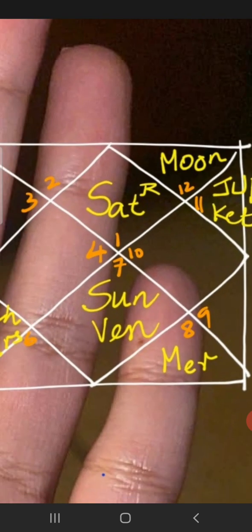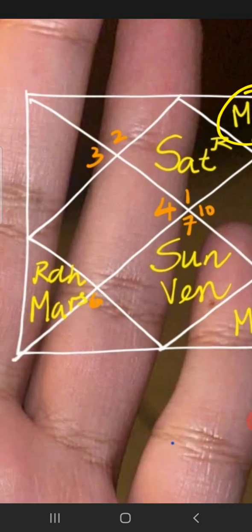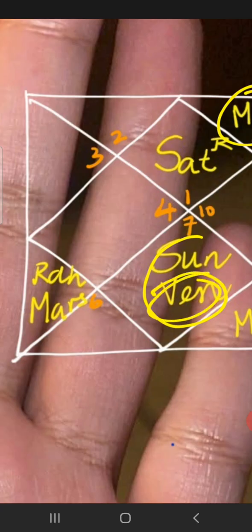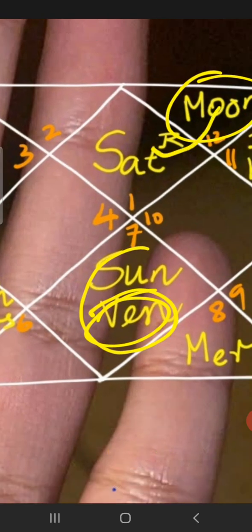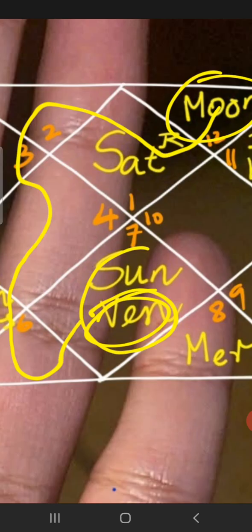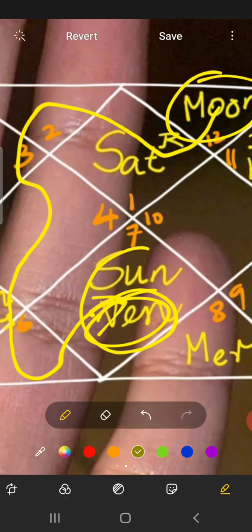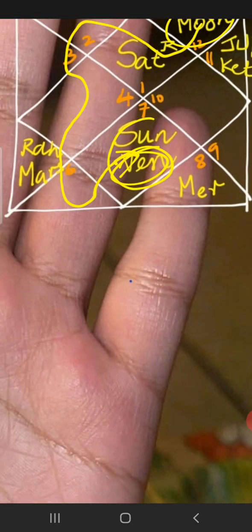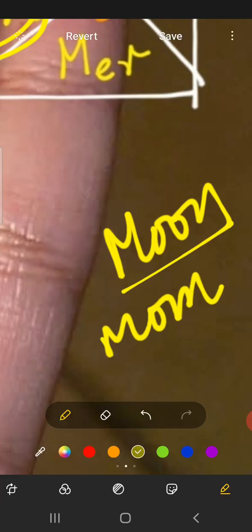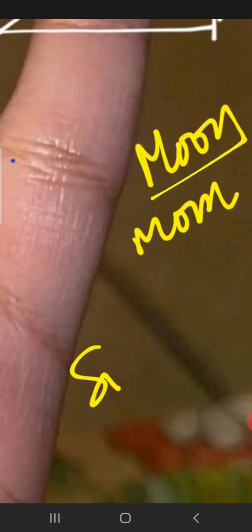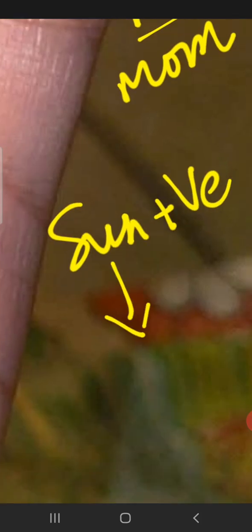Maybe there is. This is the moon. And where is the Venus? Venus is here. You will see that 1, 2, 3, 4, 5, 6, 7, 8. You will see the moon and the Venus are in Shadashtak. That means 6, 8. So, what are the possible predictions? Moon is what? Mother. Correct? For this native, moon is mother. The Venus is with Sun. Sun is father.